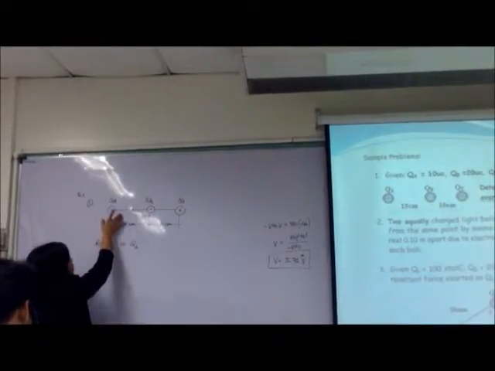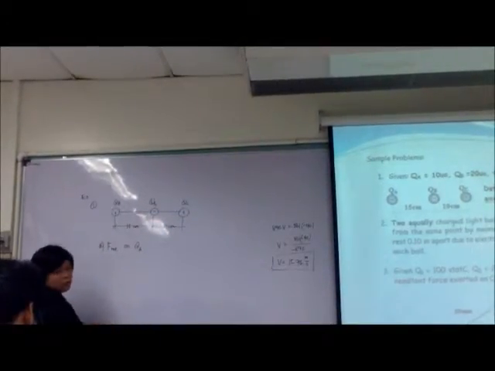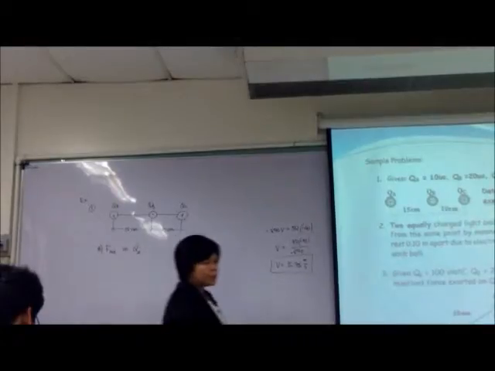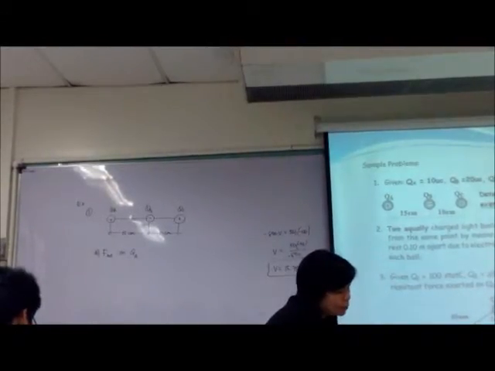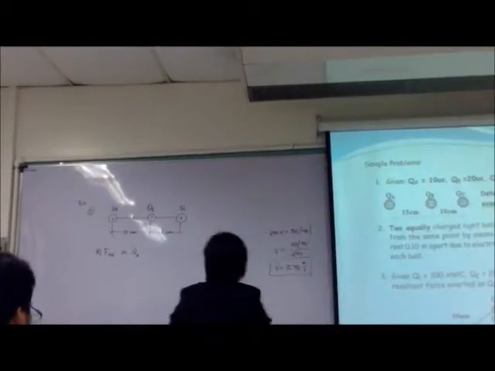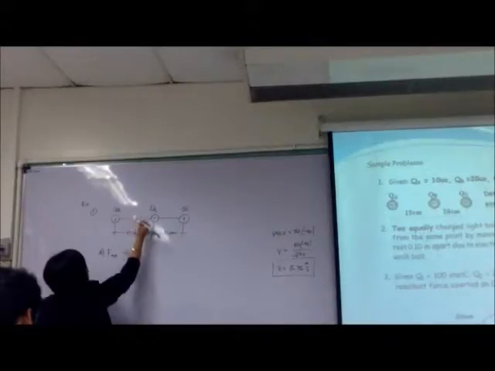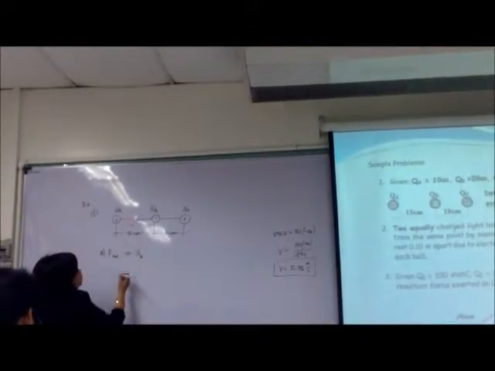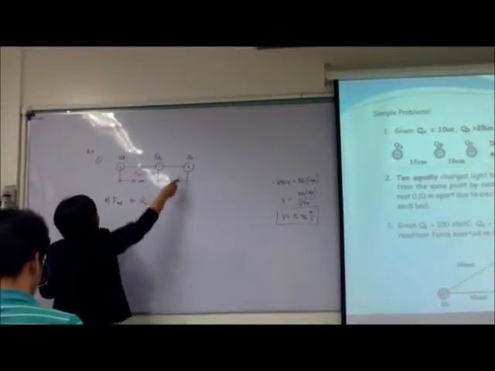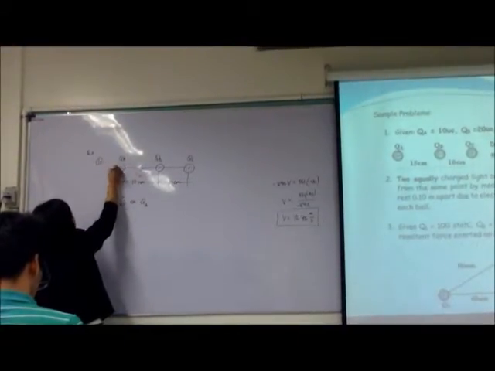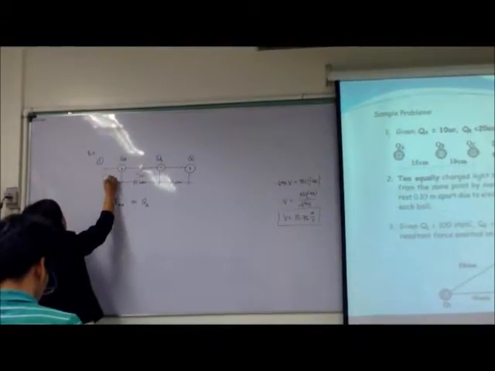This will be the receiving force exerted by charge B and charge C. So due to charge B, is it attraction or repulsion? Charge B, it's attraction. You can represent the force as F B to A. What about due to charge C? It is repulsion. The symbol is F C to A.